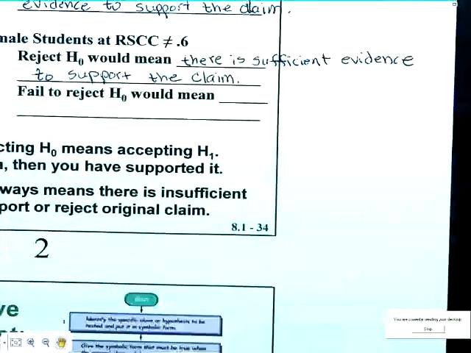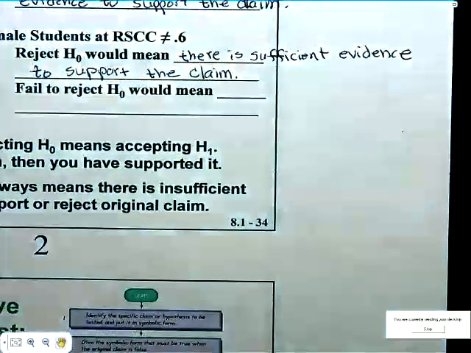And fail to reject always means there's insufficient evidence.